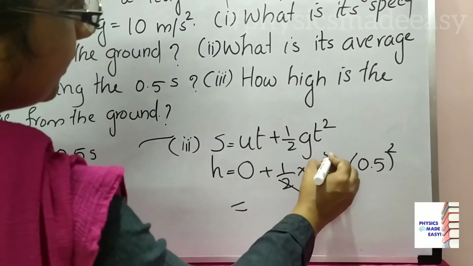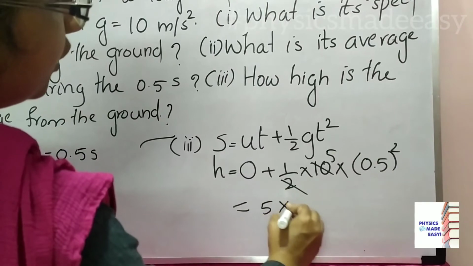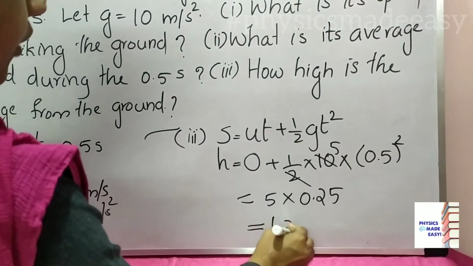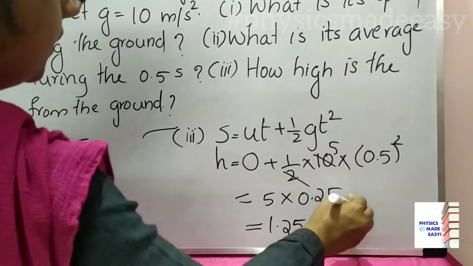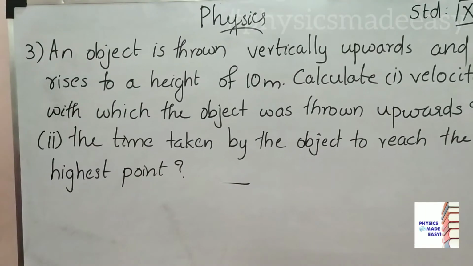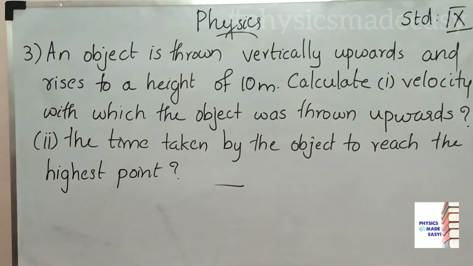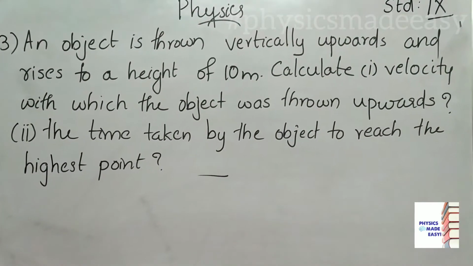So you can write this as 5 into 0.25, that is equal to 1.25 meter.